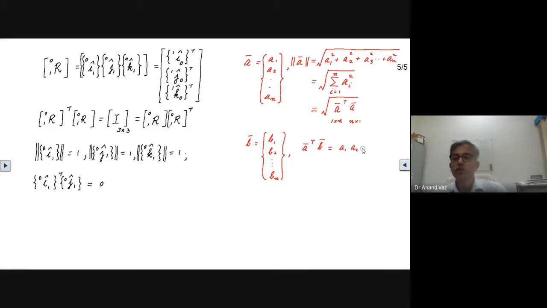This was a column, now it will be a row, up to AN. This is the transpose of A. And what about B? We'll write it as it is here: B1, B2, up to Bn.